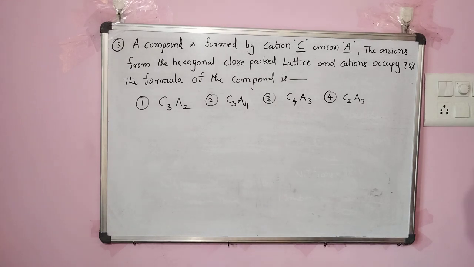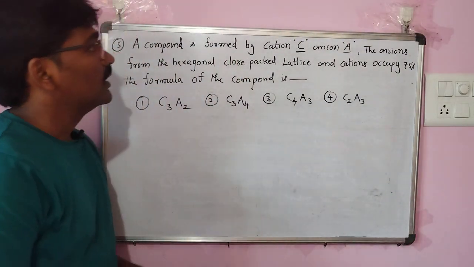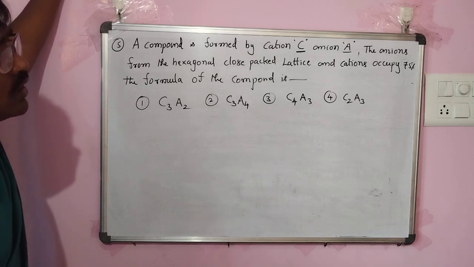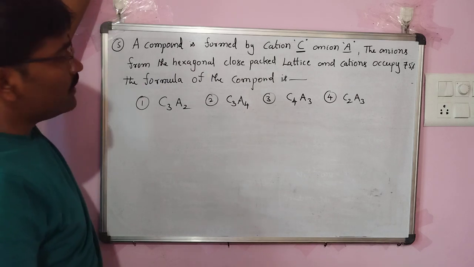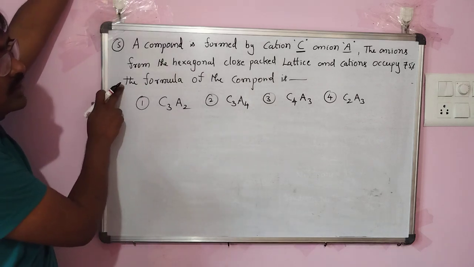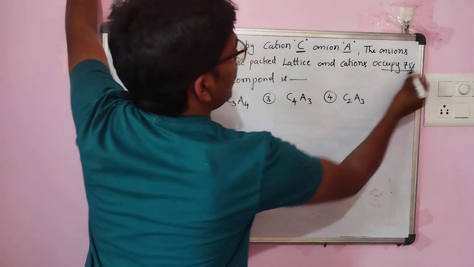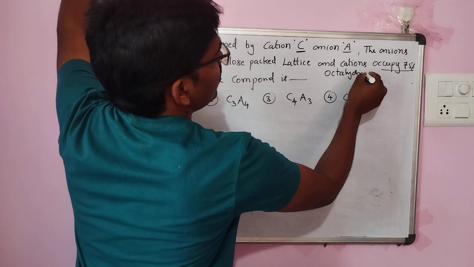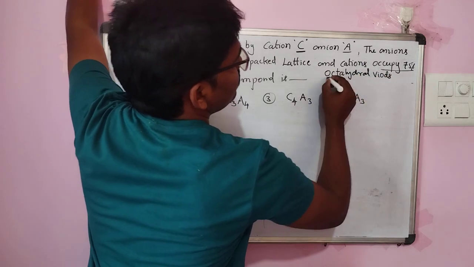Look at the fifth question. A compound is formed by cations and anions. The anions form the hexagonal close packed lattice. The cations occupy 75% of the octahedral voids.